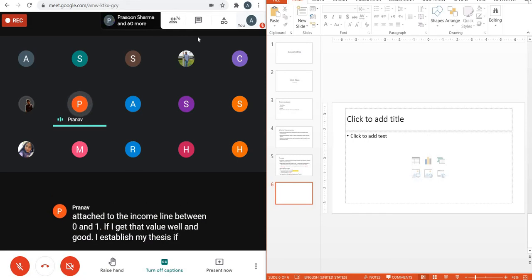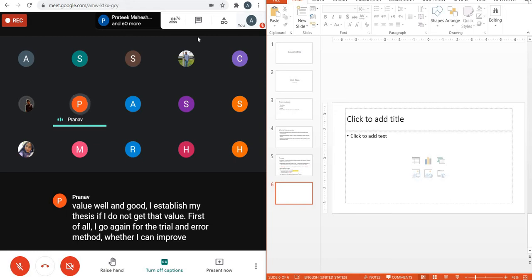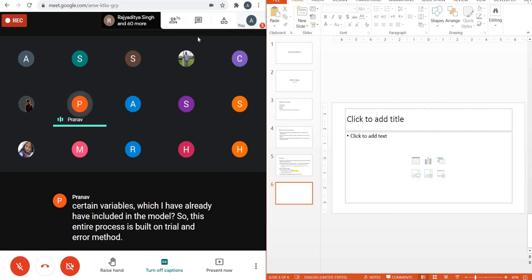If I do not get that value, first of all, I go again for the trial and error method, whether I can improve upon the model. Can I include or exclude certain variables which I have already included in the model? So this entire process is built on trial and error. That is, which model will be the best fit model for the economic data that you have in hand.